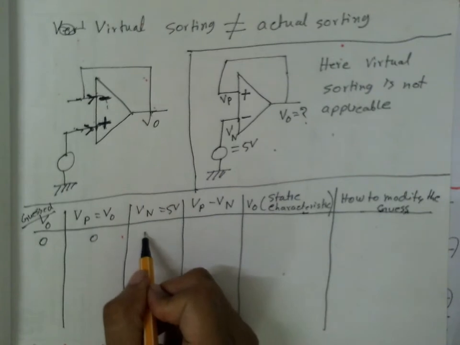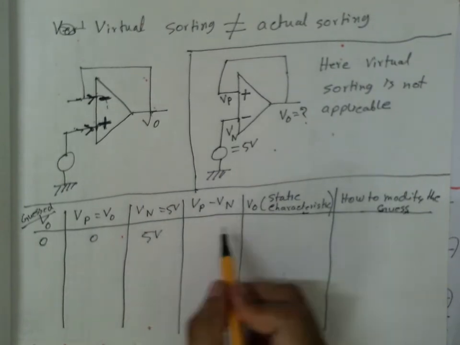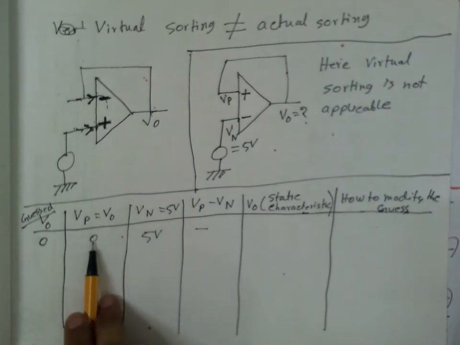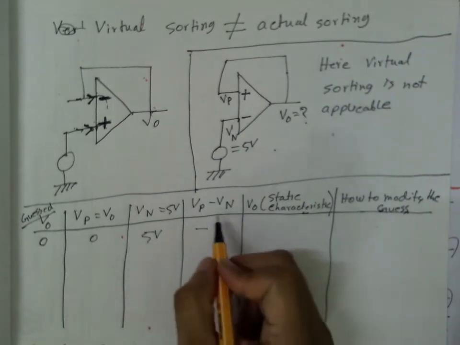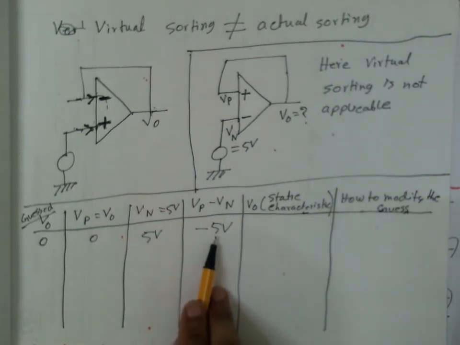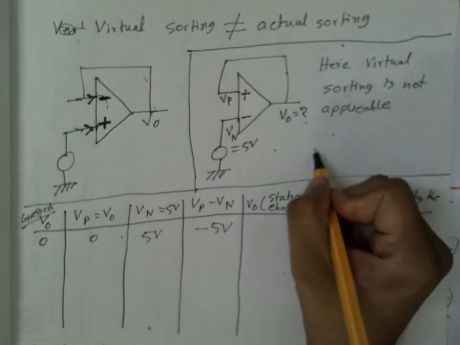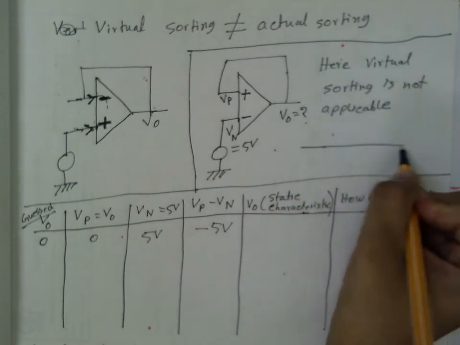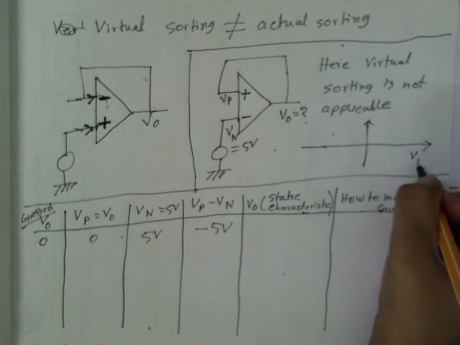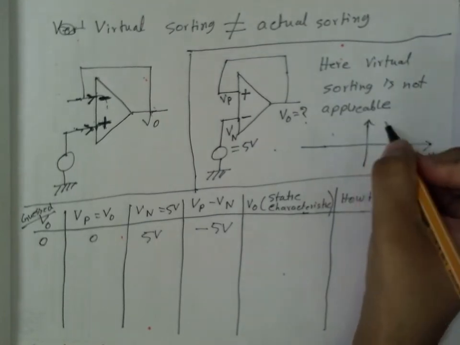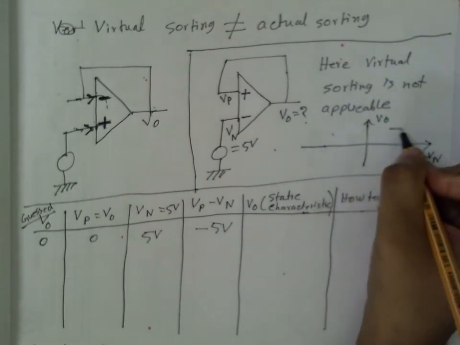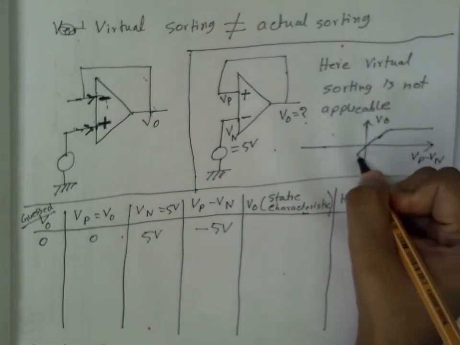Vn is always 5 volt, then Vp minus Vn is 0 minus 5 volt, which is minus 5 volt, right? Now if this is minus 5 volt, let me draw the static characteristic, input versus output. Input is Vp minus Vn, the difference between the two inputs. Here we have the VO output, and the curve looks like this.